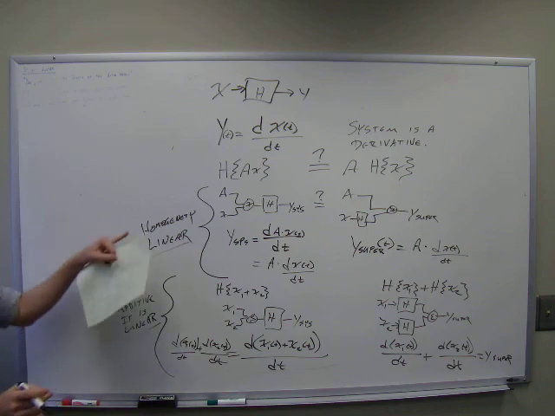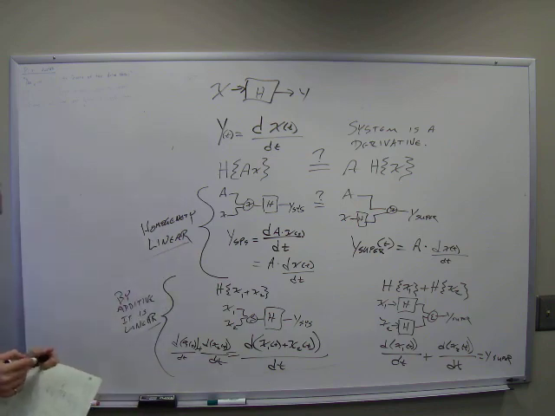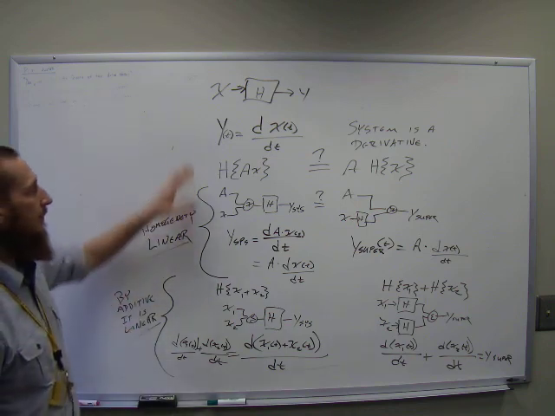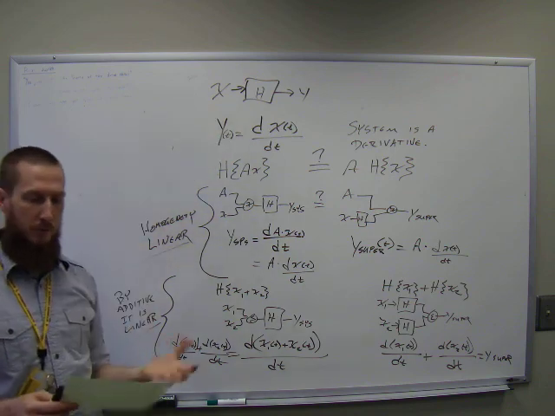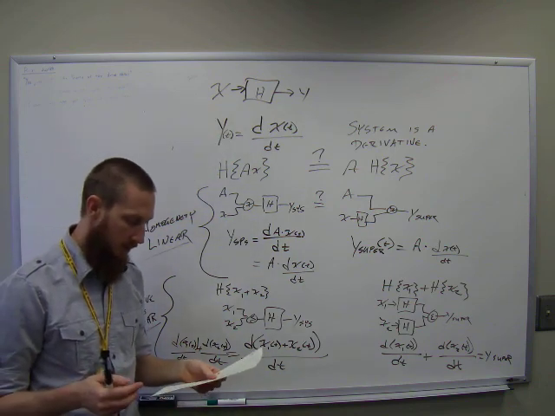So, because it passes both of the checks, this system is linear. So the derivative system is a linear system.